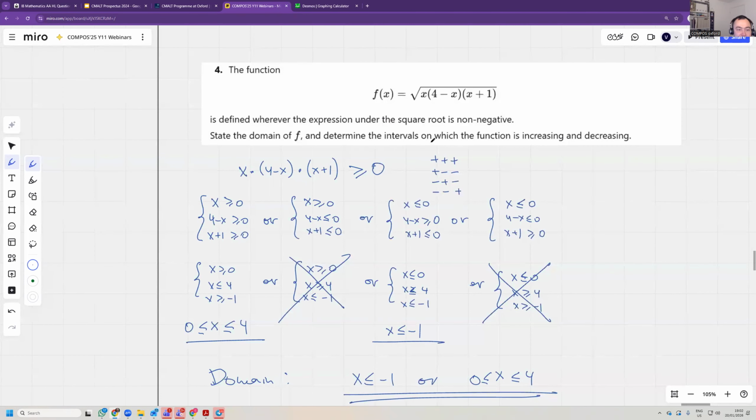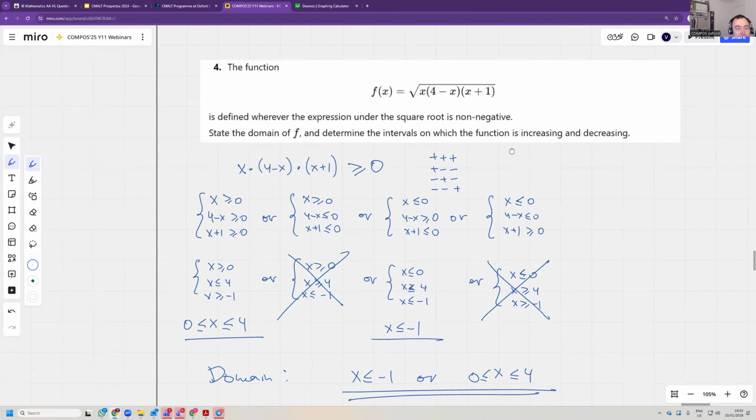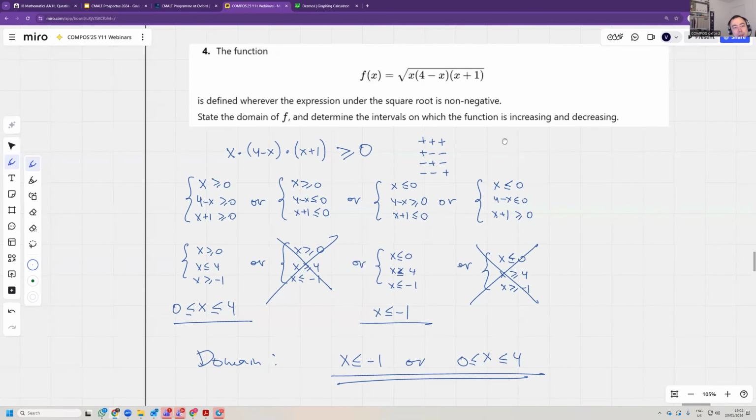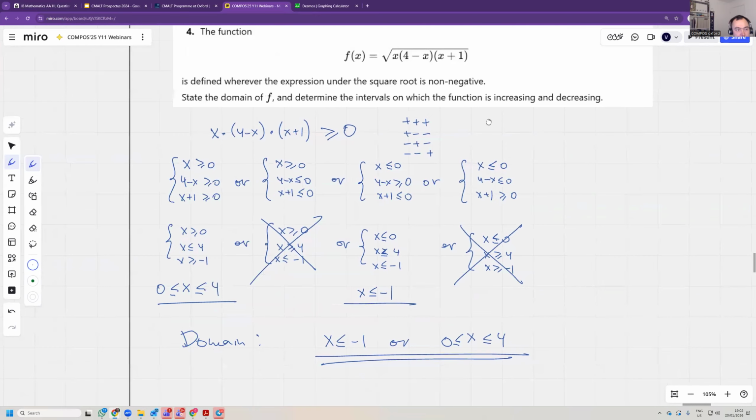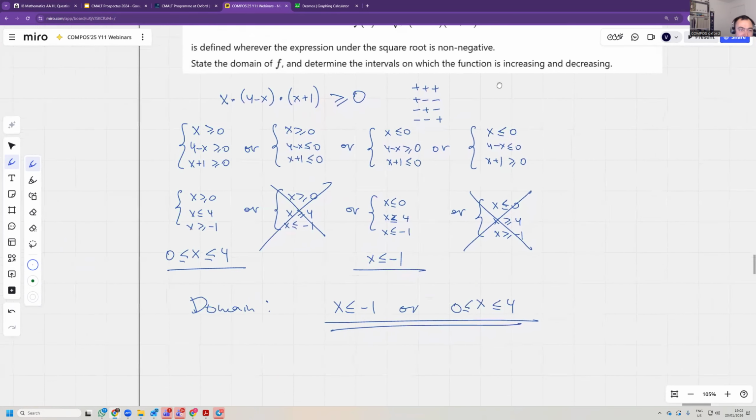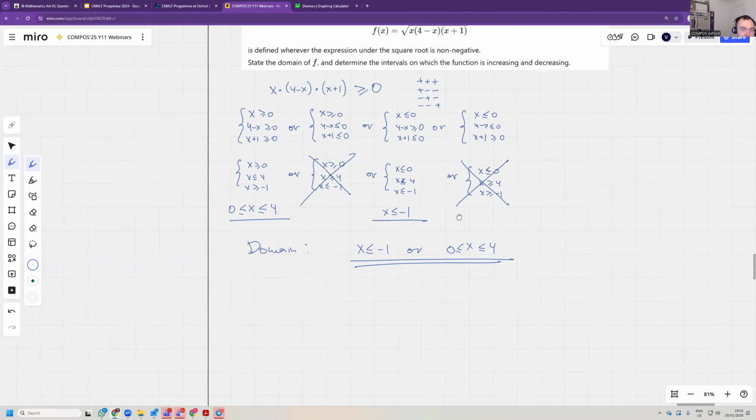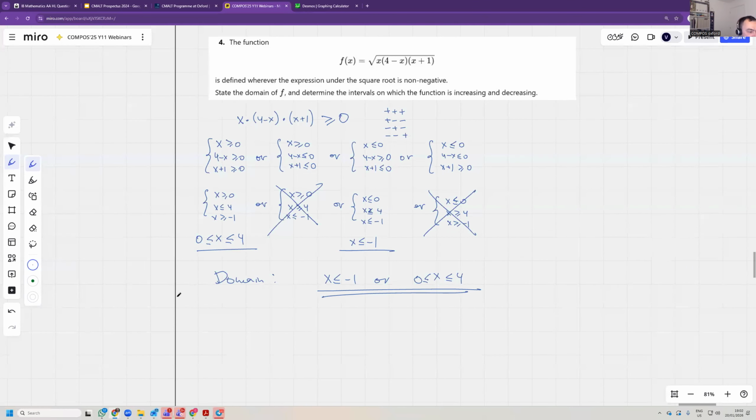State the domain and determine the intervals on which the function is increasing and decreasing. Well, a function is increasing if the derivative is positive. So we can find the derivative of f(x). To do this, we need to simplify. We need to open the brackets.